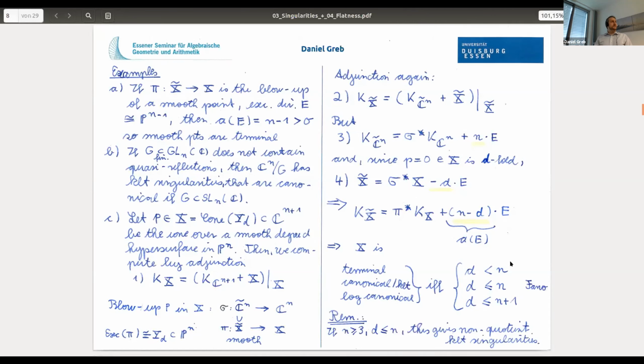Okay, so let me just make the following remark. If n is bigger than or equal to 3 and d is less than or equal to n, so one of those Fanos, this gives non-quotient KLT singularities.